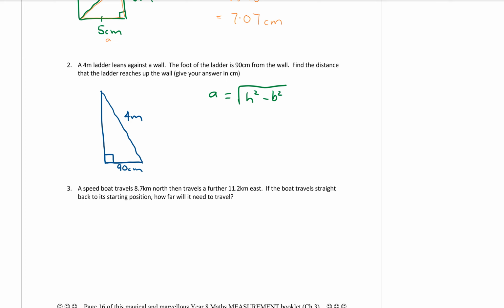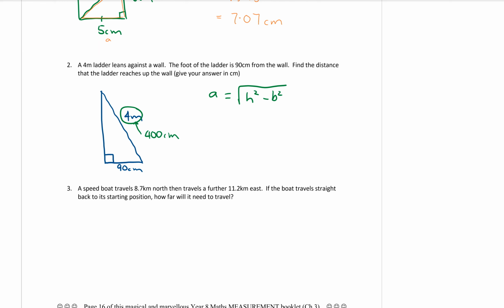We can't have one in centimetres, one in metres. Unless the question says, which it does say, give your answer in centimetres. So I'm going to have to change the 4 metres into centimetres. That's 400 centimetres. If it didn't specify, I would accept either answer, but you have to convert them to be the same.